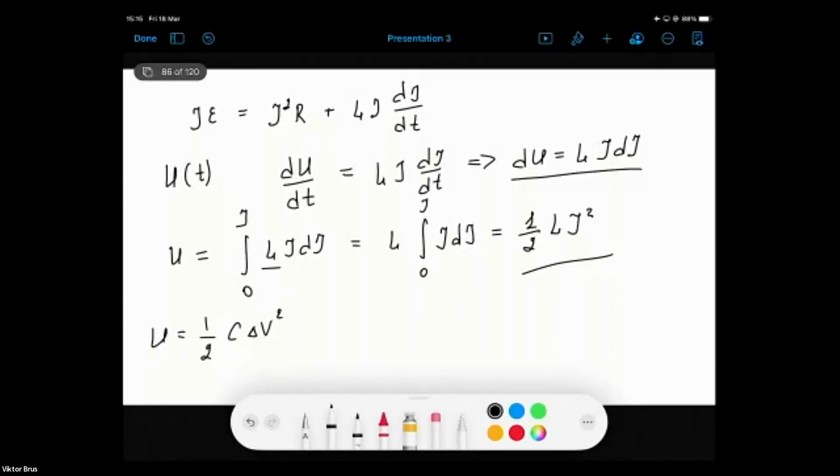So in similar manner, energy can be accumulated also not only in form of electric field, but also in the form of magnetic field, and it will be expressed through inductance of the electrical circuit and electrical current flowing through this circuit.